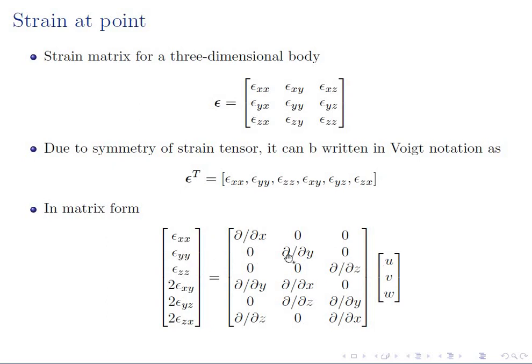Similarly, epsilon yy is equal to partial v over partial y. Epsilon zz is equal to partial w divided by partial z. So this is the matrix representation of the strain definition, which can be helpful for calculating strains if we know the displacements in the body, right?